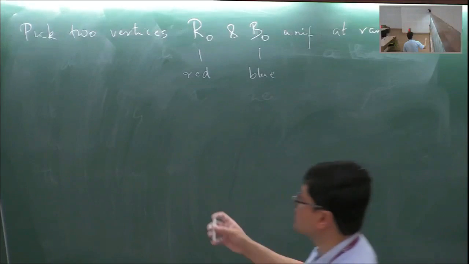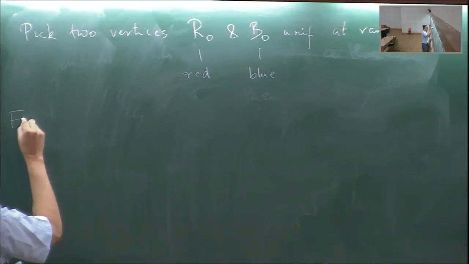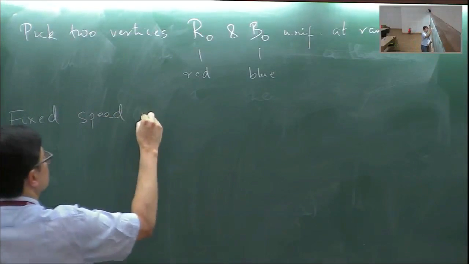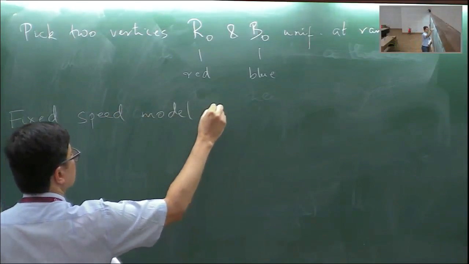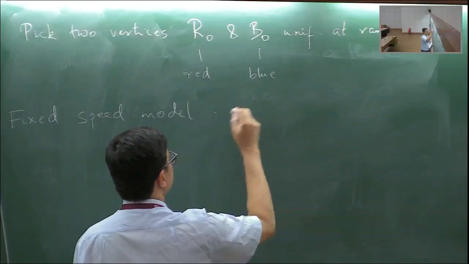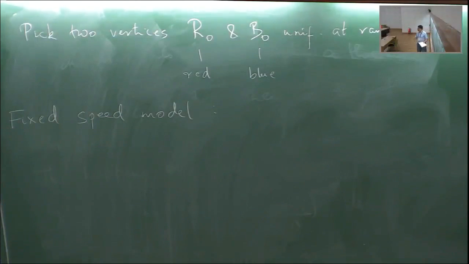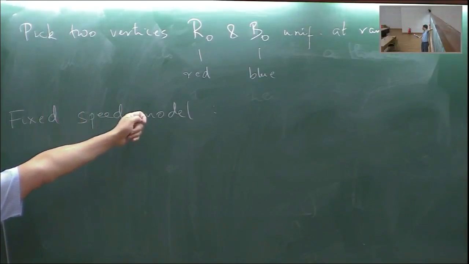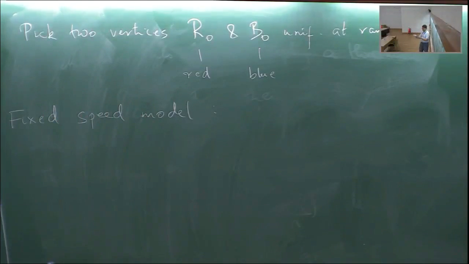There's the fixed speed model. In the fixed speed model, it takes constant time for a color to cross an edge.